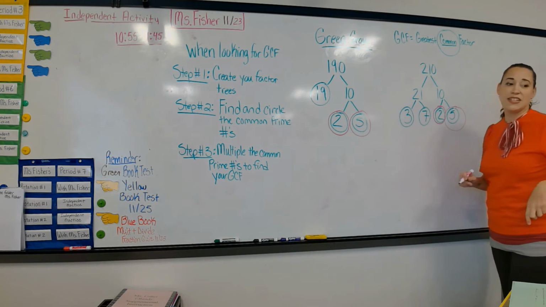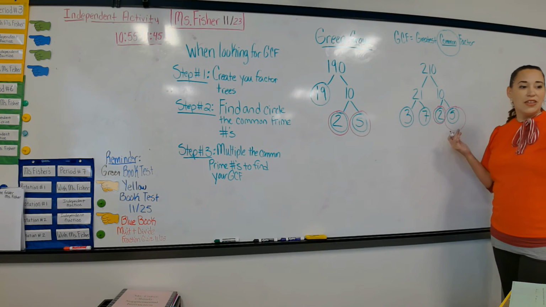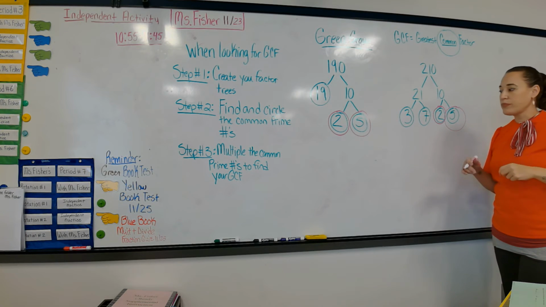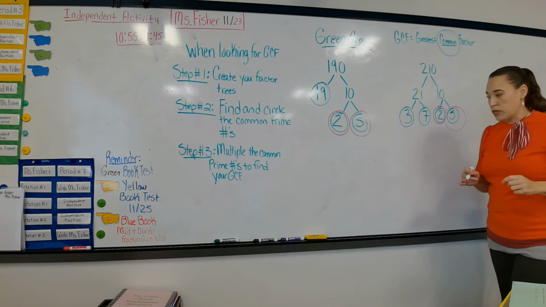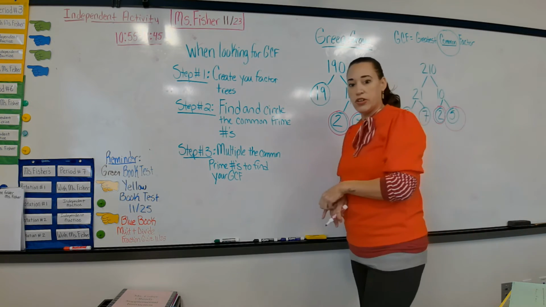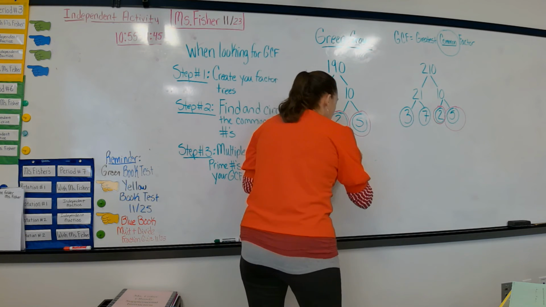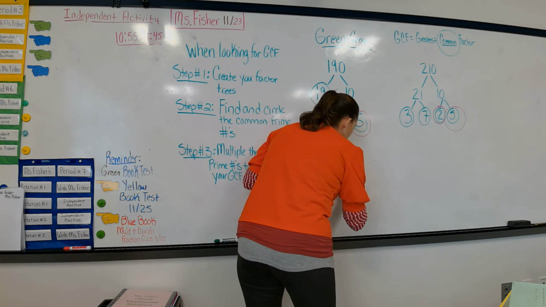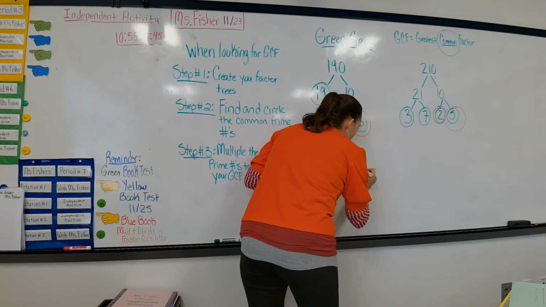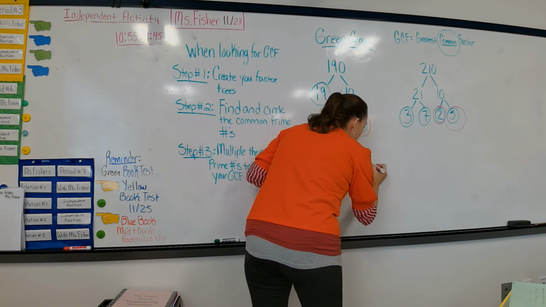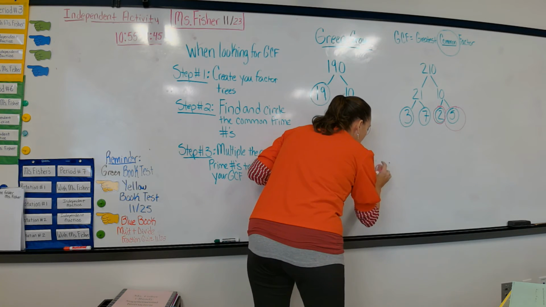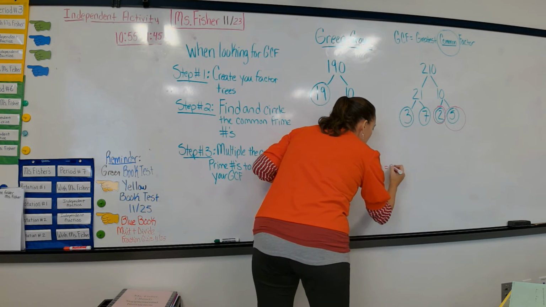I don't have a 19 on this side, so that's it. That's all I have in common. So again, going through the steps of everything that's required for your answer for your test, you would say 2 times 5 equals 10 equals GCF.